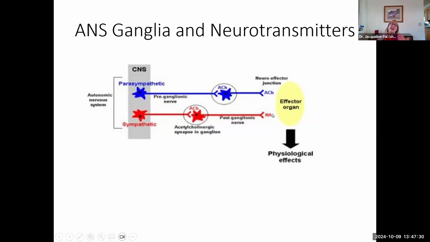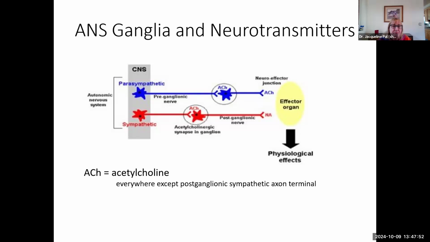And this actually allows us medically to affect this synapse without affecting any of the other synapses that use acetylcholine for their neurotransmitters. So it's kind of a cool thing medically.